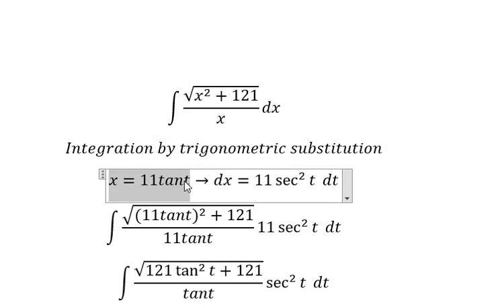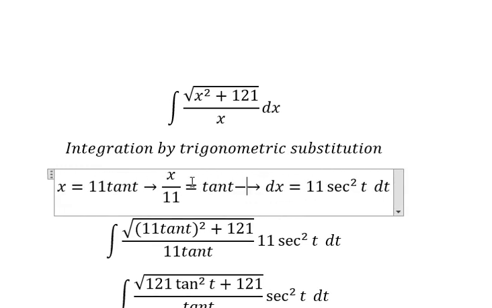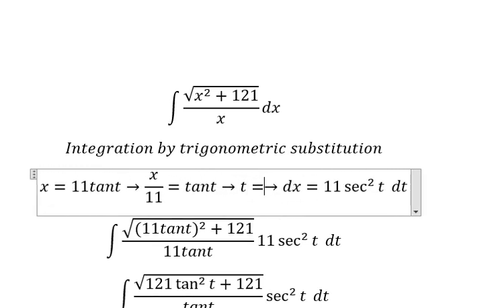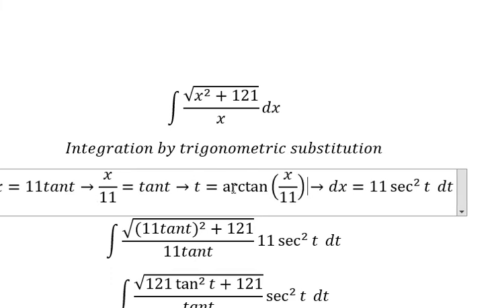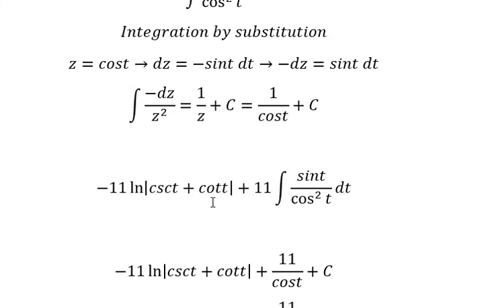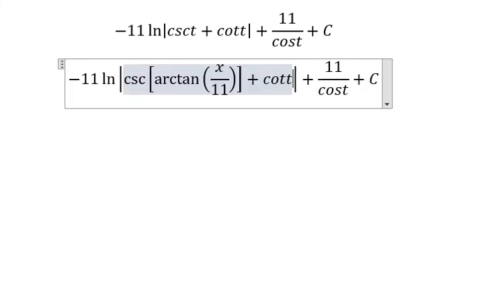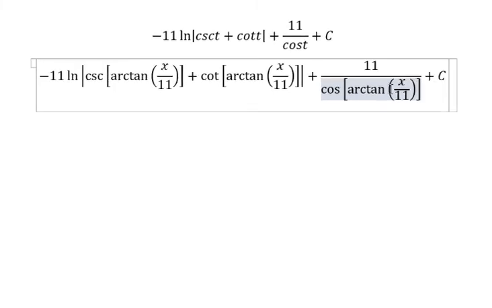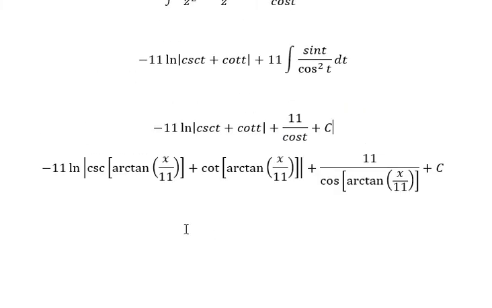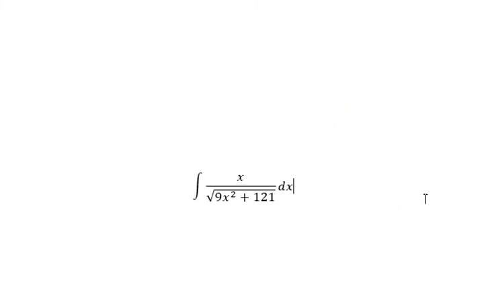So we need to divide both sides by 11, and you get t equals arctan of x over 11. So I will put this in to replace t. And this is the final answer. Now let's go to the next one.